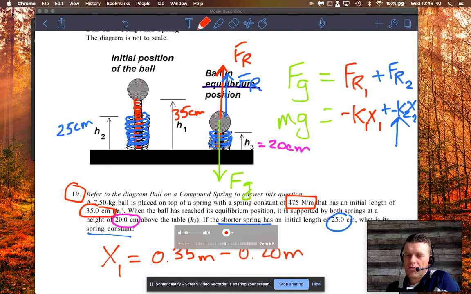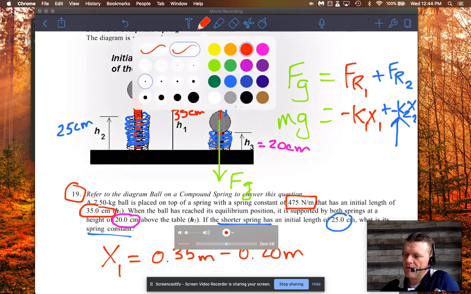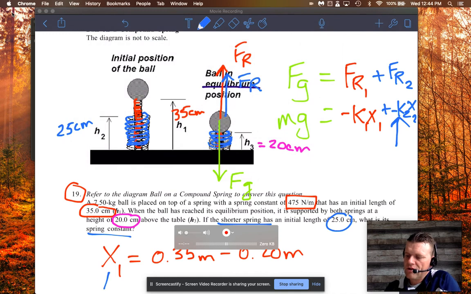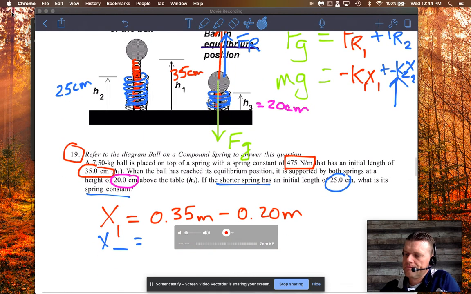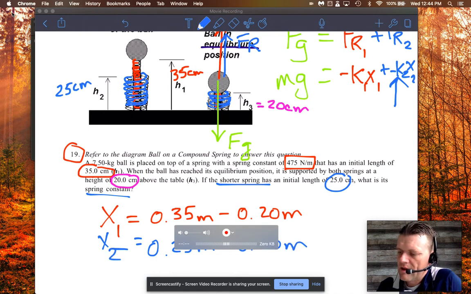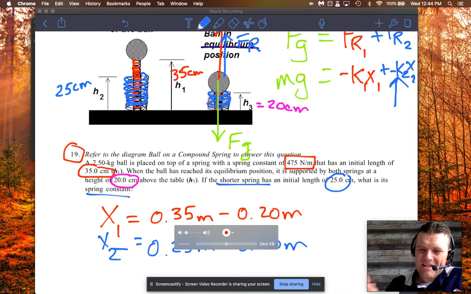X1 went from 0.35 down to 0.2. Again, I converted that into meters. That's an easy mistake too, if you missed that. And then x2 will be 0.25 meters minus 0.2. That's the change in x for the fat spring, or the blue spring.